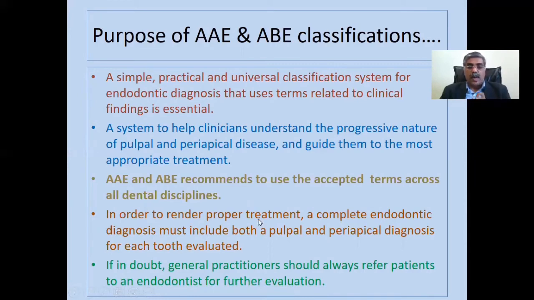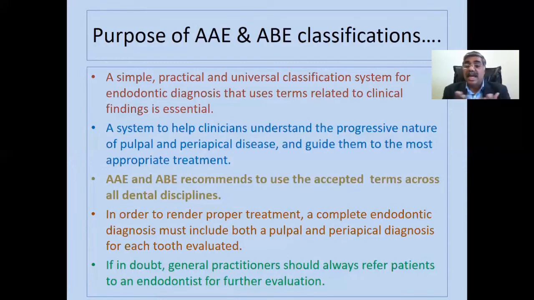In order to render proper treatment, a complete endodontic diagnosis must include both pulpal and periapical diagnosis for each tooth evaluated. So for an endodontic aspect, if you are trying to make an endodontic diagnosis, this association needs a separate diagnosis for pulpal and a separate diagnosis for periapical.